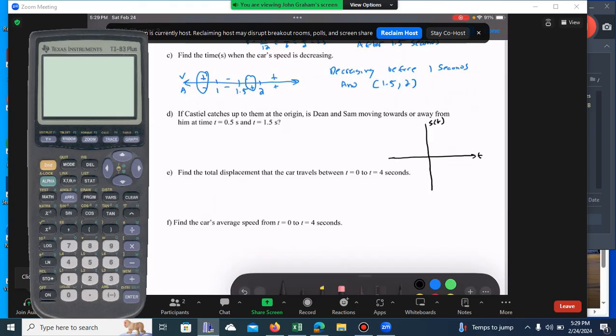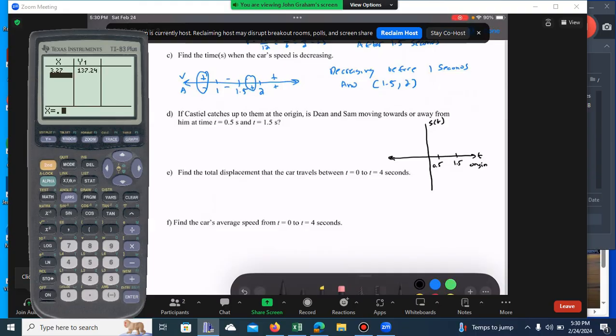And origin would be basically the x-axis. So are they moving away or towards the x-axis? So we'll have 0.5 and we'll have 1.5. Let's find the positions for those two.